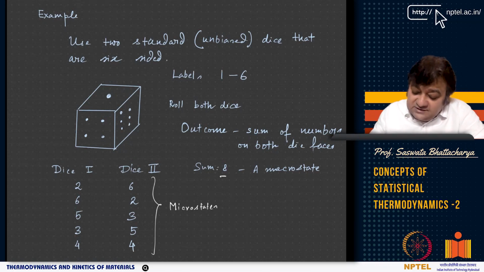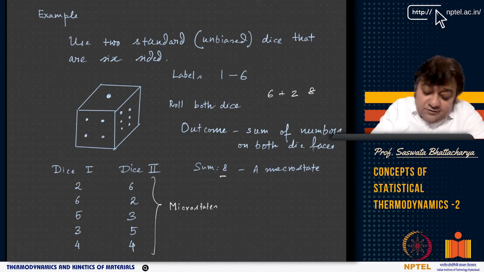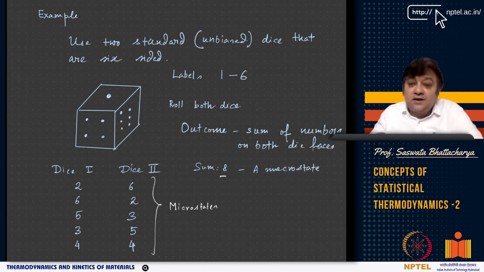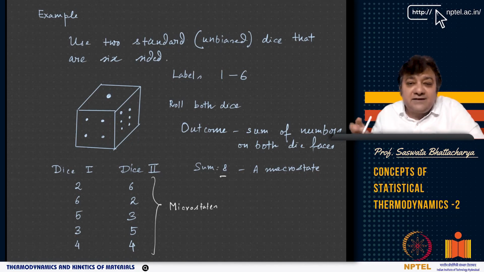I have rolled two dice, and we are getting, say for example, a sum of these top face numbers. The top face numbers are, say, 6 and 2, so the sum is 8. So if I say I want all the outcomes to be such that I always get an 8, the sum of the two top face numbers gives me 8.